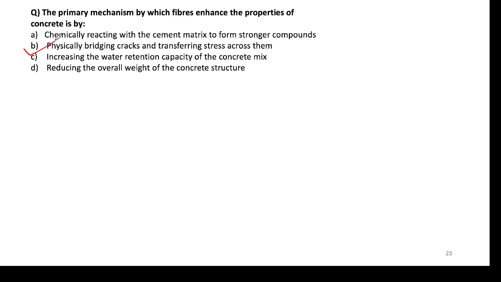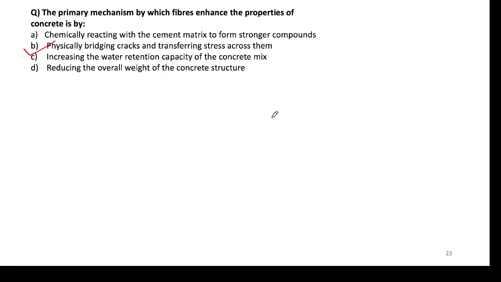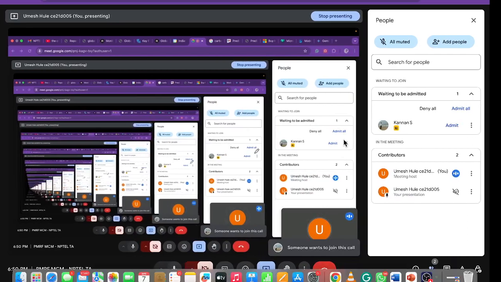We have seen that the fiber will bridge the gap and prevent further opening of the cracks. That will reduce the formation of cracks, and small cracks will not come together to form a bigger crack because of the presence of fibers. So eventually it will increase the tensile strength of the concrete.